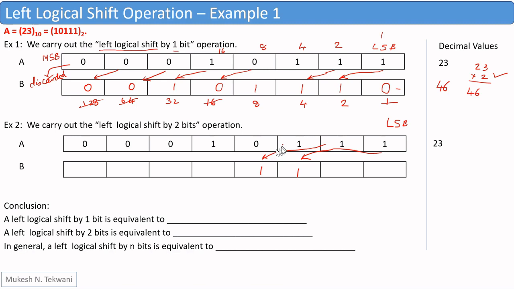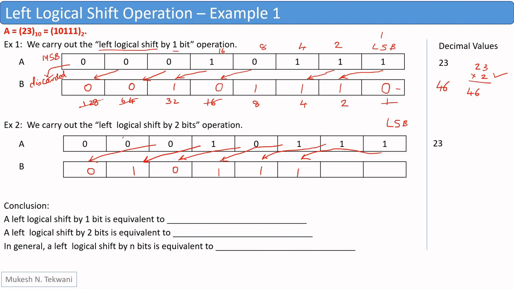Now we are on this one. We shift it to this higher position. The 0 bit is shifted to this position, 2 bits to the left. 1 bit is shifted here, and this 0 bit is shifted to this position.